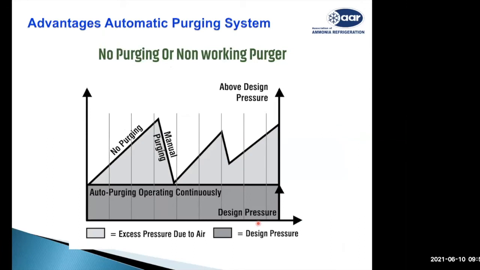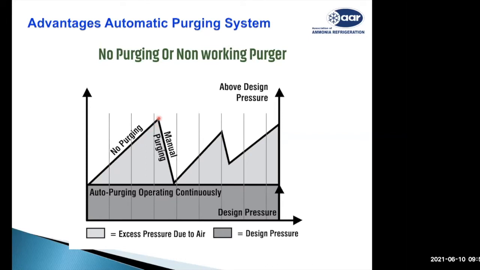So consider manual purging: consider this as pressure, and this is the operating time. This is maybe your design operating pressure condition. When air starts accumulating in my plant and there is no purging, my pressure goes high.